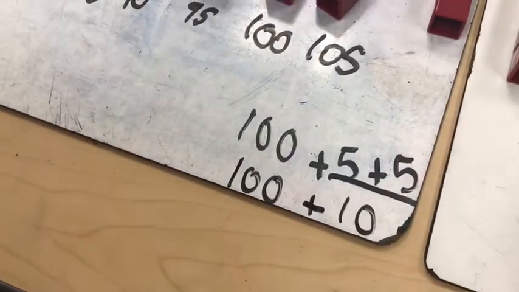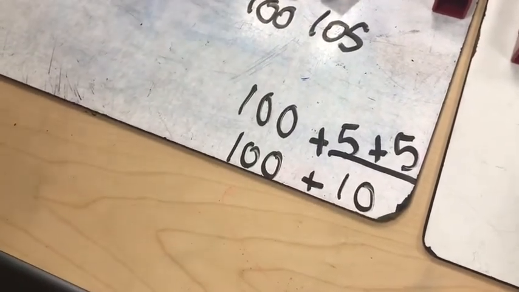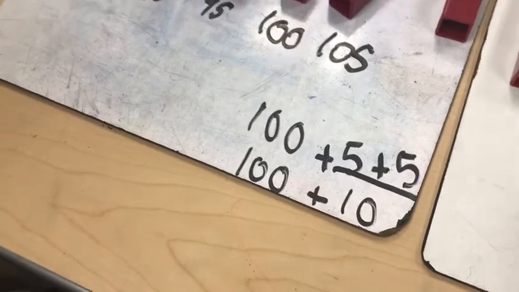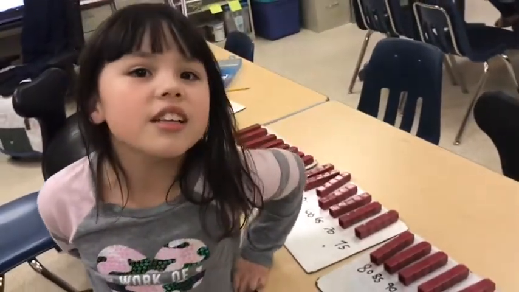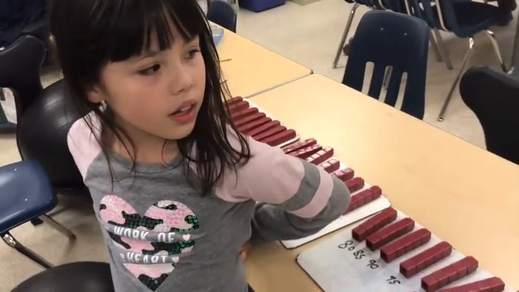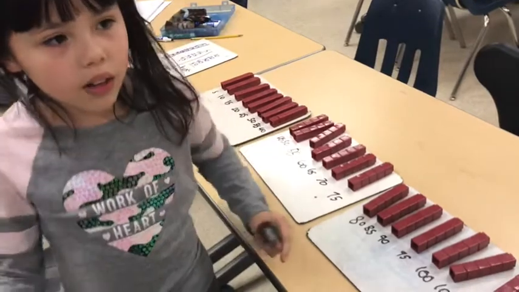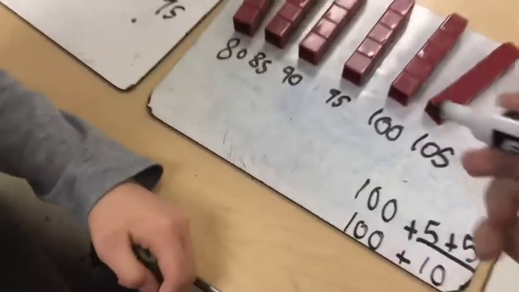What would 100 and then 10 be? 100. Wait. Say it again. It would be 1,000. So let's come back here to some of these numbers, okay?